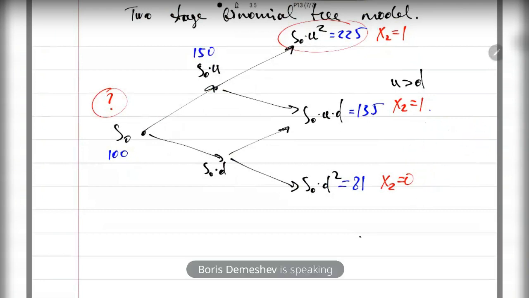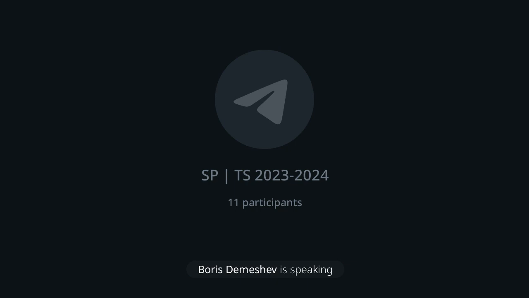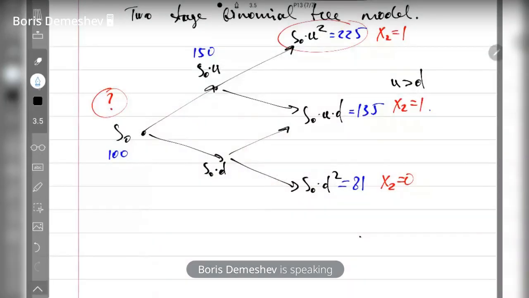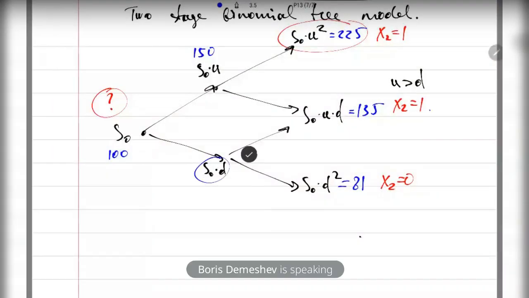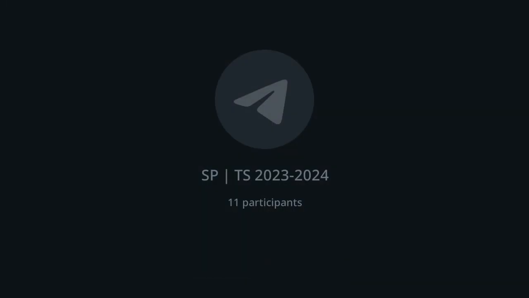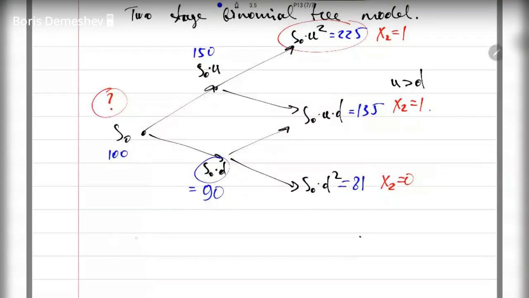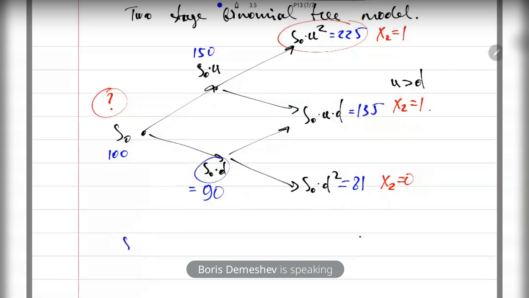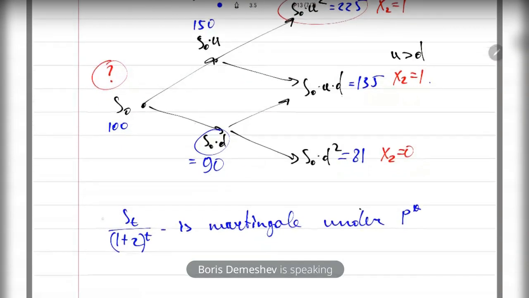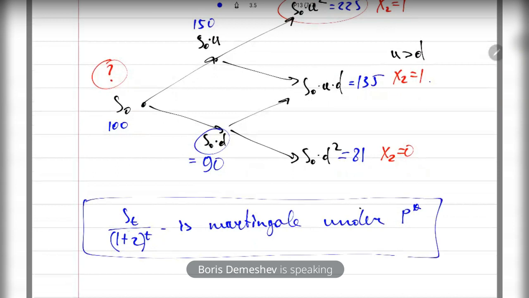Okay, first let's calculate this P star. Once again, S_t divided by (1 plus r) to the power t is a martingale under P star. So this is sufficient to find P star.